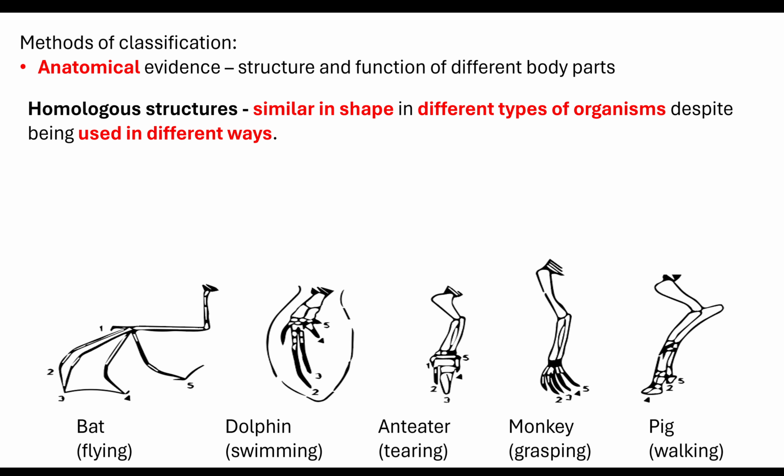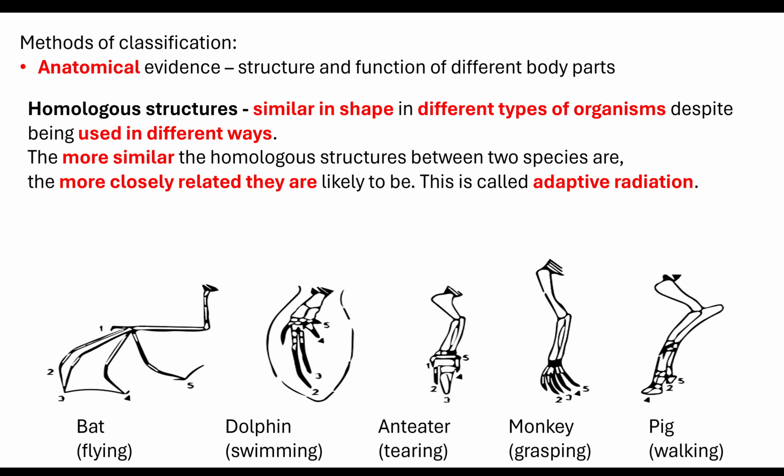The bat uses it for flying, the dolphin for swimming, the anteater for tearing, the monkey for grasping, and the pig for walking. These pentadactyl limbs are used in different ways, but have exactly the same anatomical structure, so they are very similar in shape because they have the same bone structure.